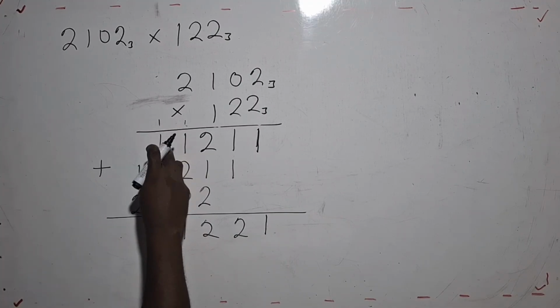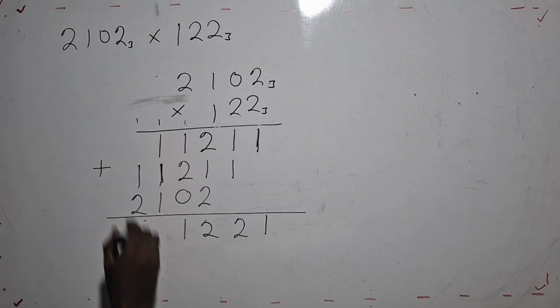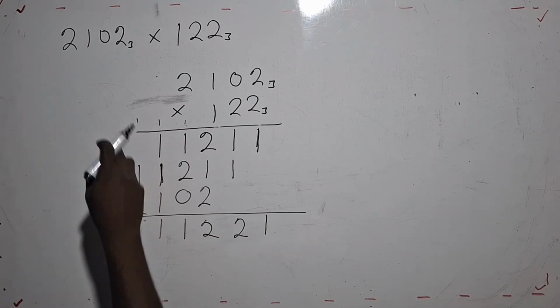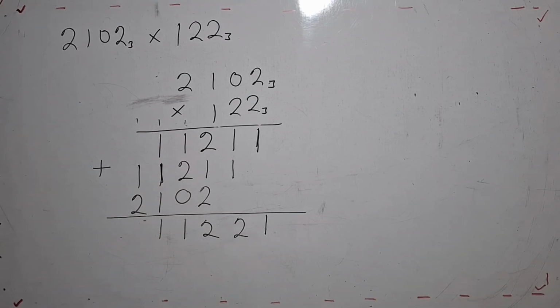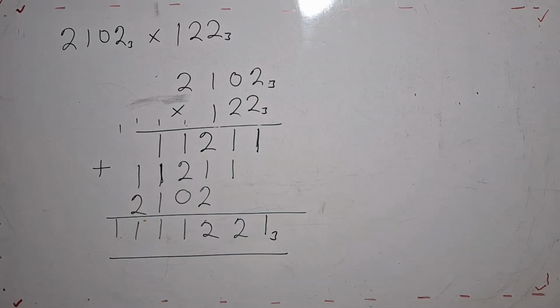Then 1 plus 1 plus 1 plus 1 is also 4. So 4 divided by 3 once again is 1, remainder 1. Then 1 plus 1 plus 2 is 4. 4 divided by 3 again is 1, remainder 1. Since there's no number here, we write it in base 3. So the answer is going to give us 1, 1, 1, 1, 2, 2, 1 base 3.